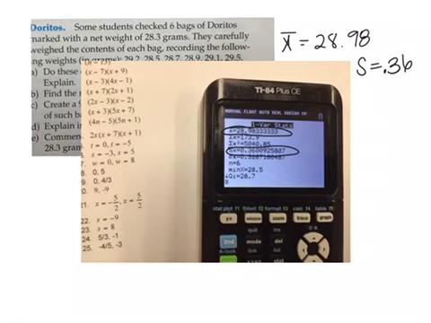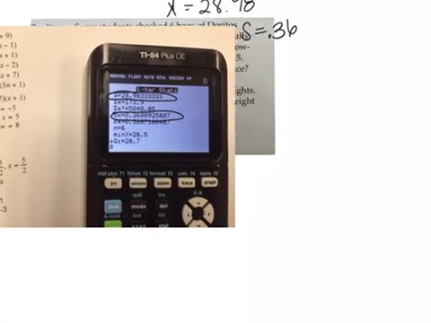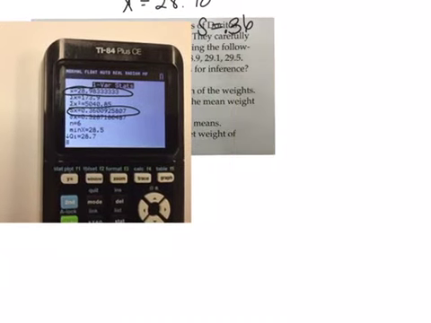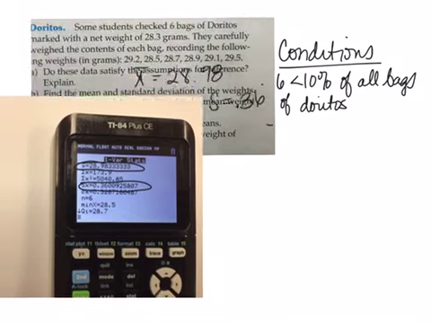Now that I have that, I'm going to check my conditions. 6 is less than 10% of all bags of Doritos. I don't think the sample was random.